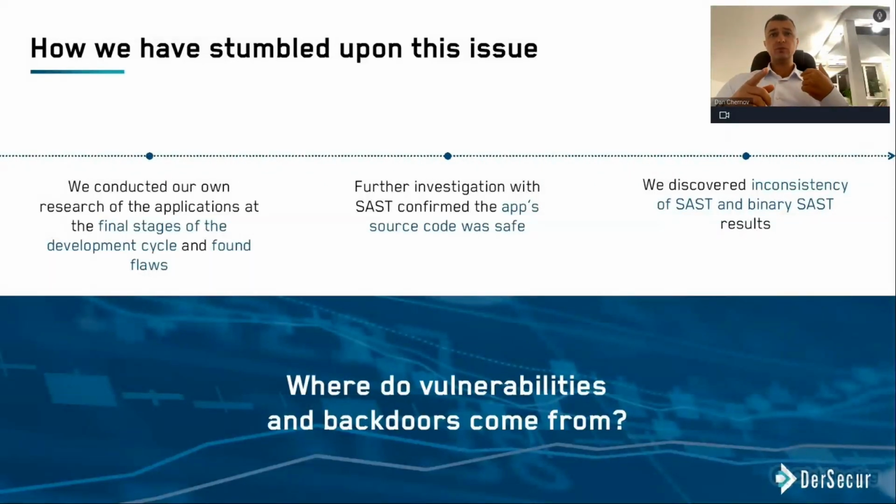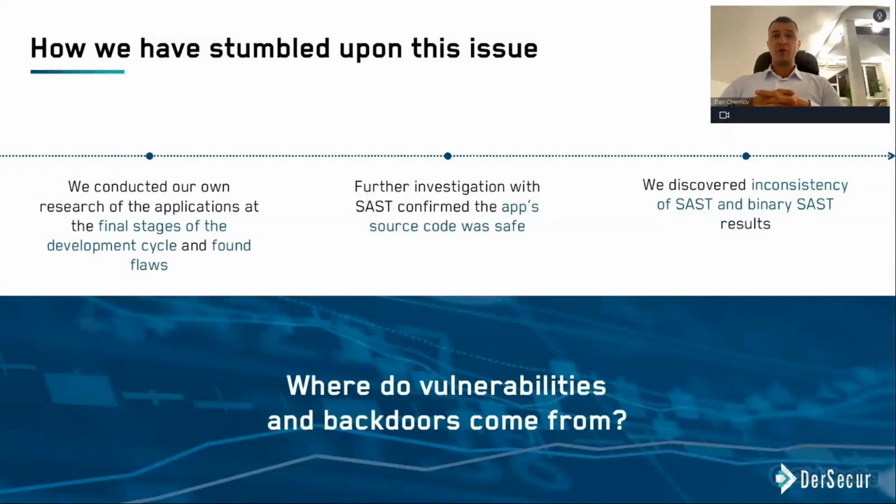And after we were running these binary SAST checks, we compiled a list of different vulnerabilities. And subsequently, we aimed to match the vulnerabilities in the production app with the vulnerabilities identified through conventional source code testing practices. And here, much to our surprise, the results showed significant inconsistency.